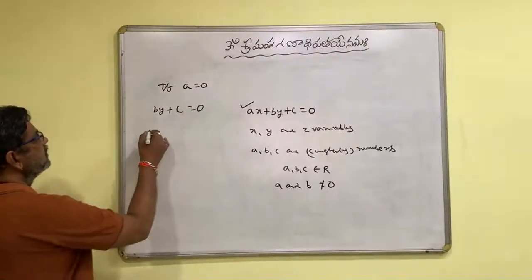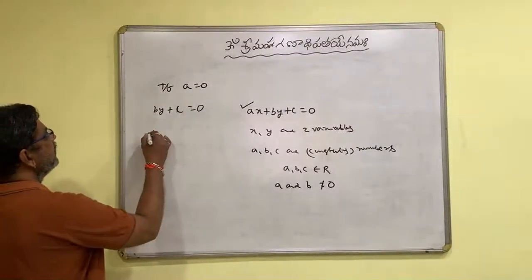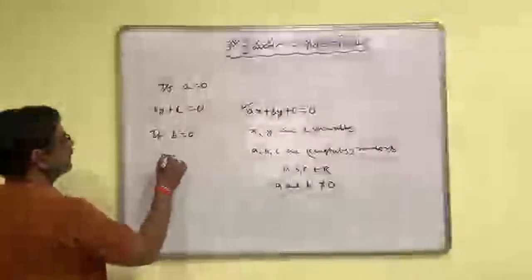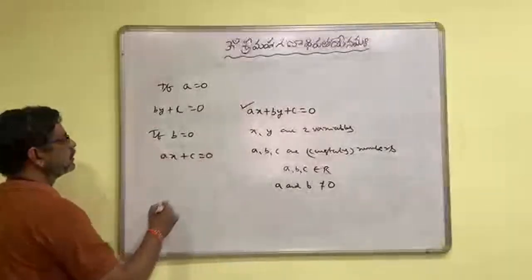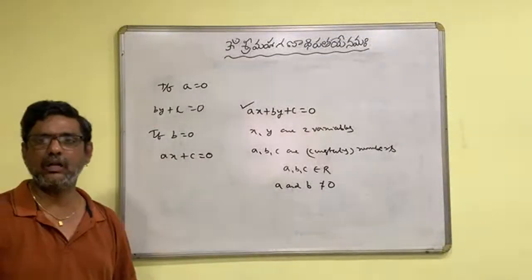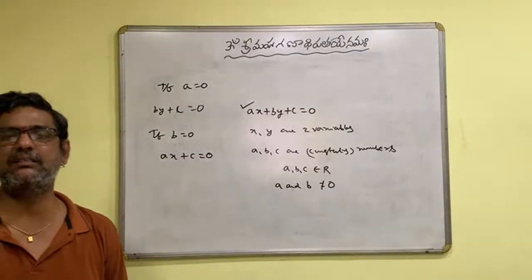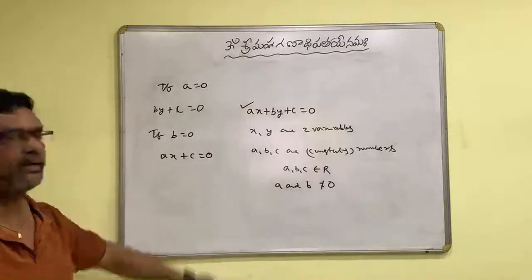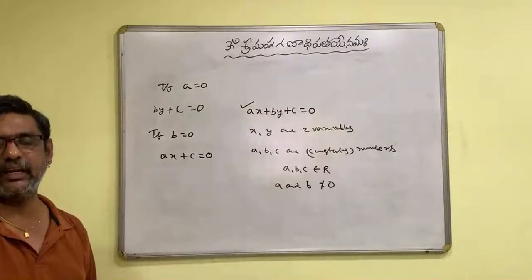Now what happens if B is 0? B 0 అయితే పరిస్థితి ఏమిటి? If B is 0, remaining is ax plus c is equal to 0. Now also we can call it a linear equation in one variable. ax plus c is a linear equation in one variable, not in two variables.